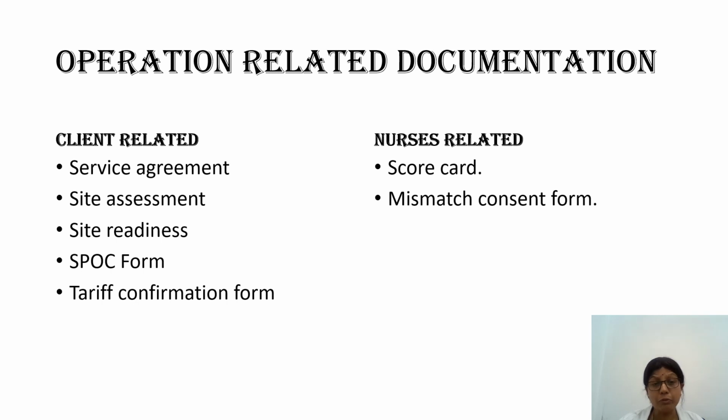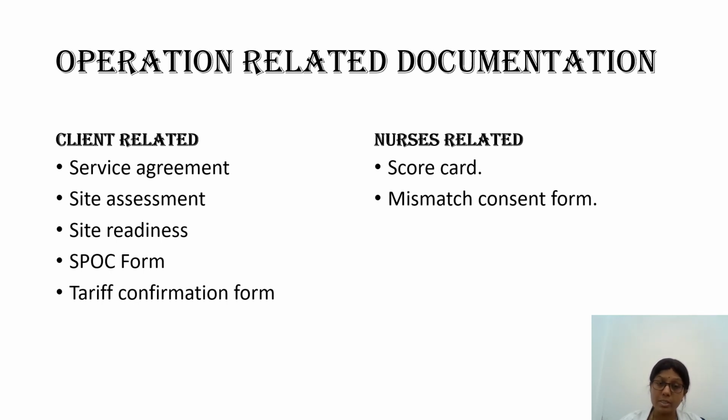And we have the SPOC form, that is, single point of contact. For each case when we are starting, there is a SPOC form. In this form, we have a separate column for the nursing supervisor and doctor signature with their contact numbers. At the same time, we have one SPOC person from the family who is going to take the financial decision, or the head of the family, or who is going to take decisions on the patient.